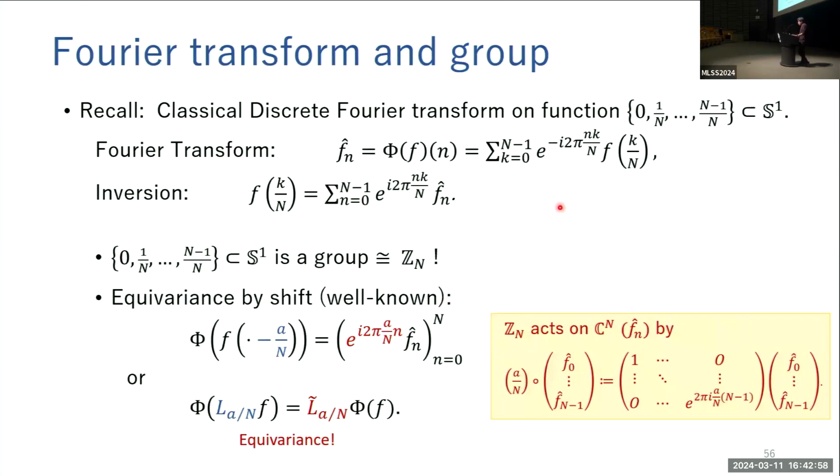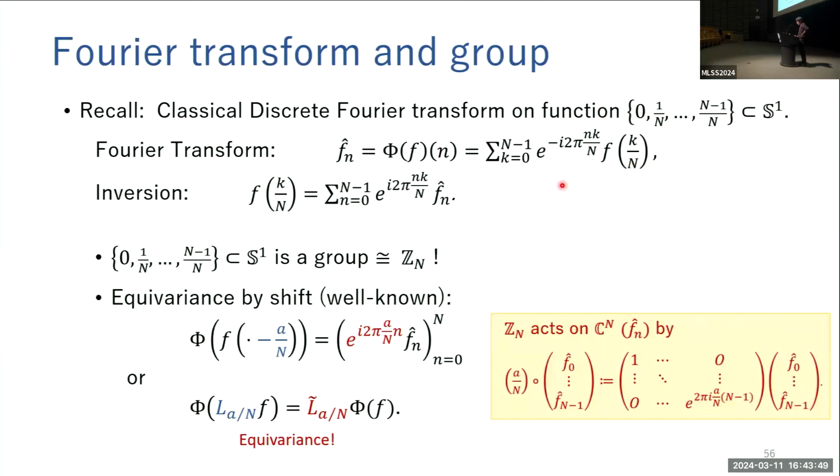Okay, first, let me review the classical discrete Fourier transform. The discrete Fourier transform is defined on this discrete space, which, with a little bit fancy notation, can be regarded as a cyclic group. With the shift, the last element will become the first element. And so this can be regarded as a cyclic group, as I explained in the middle.